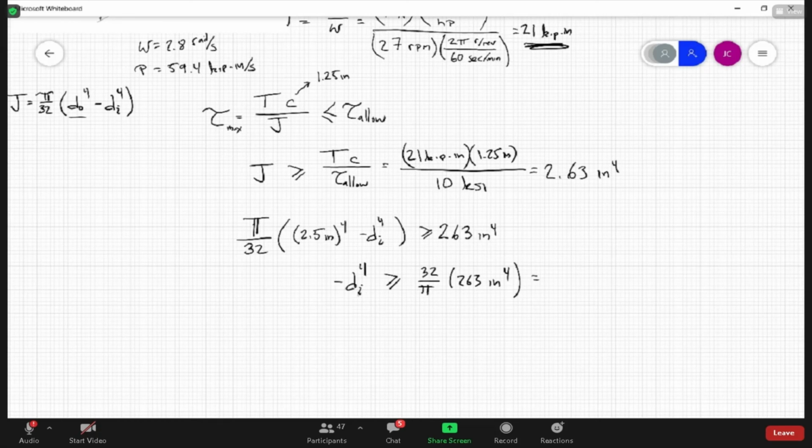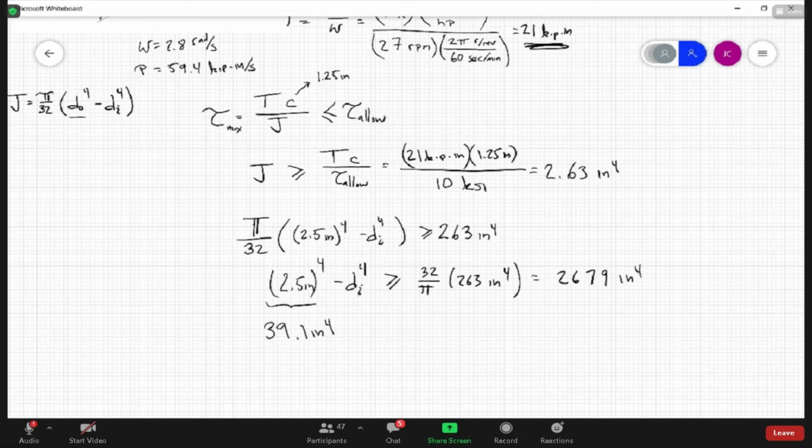That equals 2.679 inches to the fourth, and here I got the 2.5 inches to the fourth. So this number here is 39.1 inches to the fourth, right?